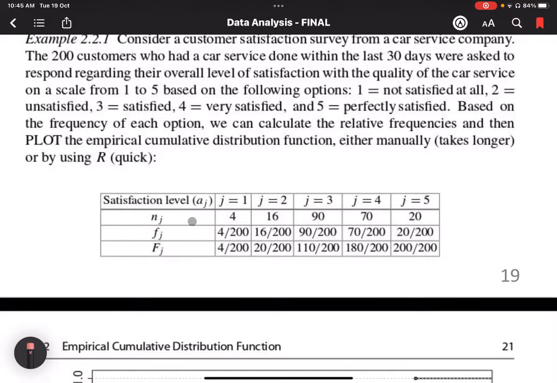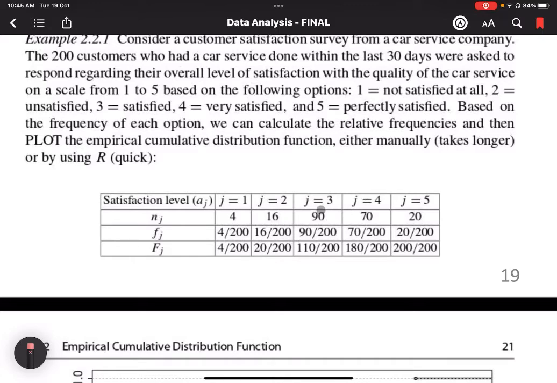So for the absolute, we only have to put the number of cases under each category, no? So ibig sabihin nito, apat ang sumagot ng not satisfied, no? Ang number ng subject na sumagot ng unsatisfied, okay, ay 16.